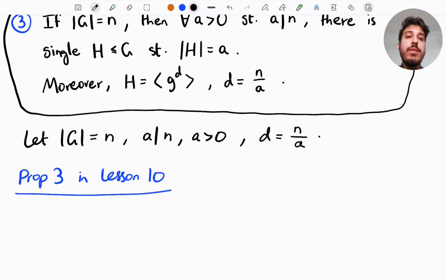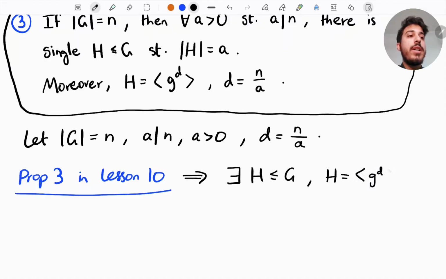So in proposition 3 in lesson 10, I have that there exists an H, a subgroup of G, such that H is equal to the group generated by g to the d, and the order of H is equal to n over d.